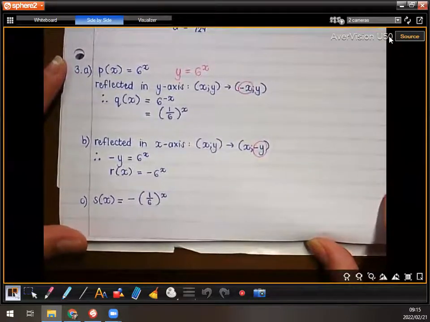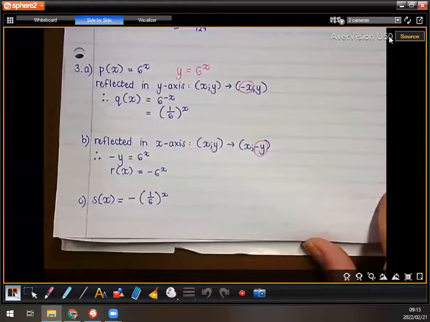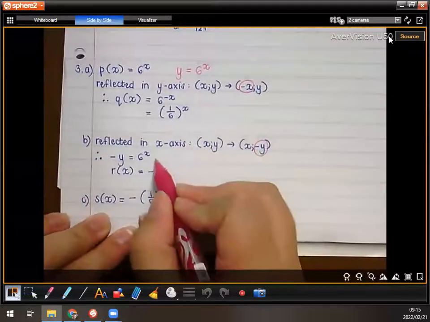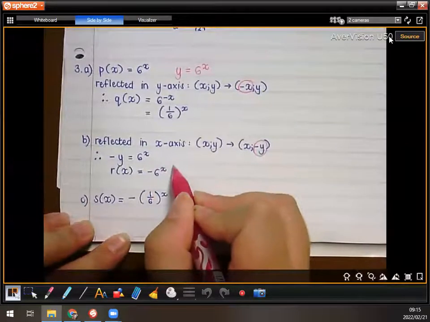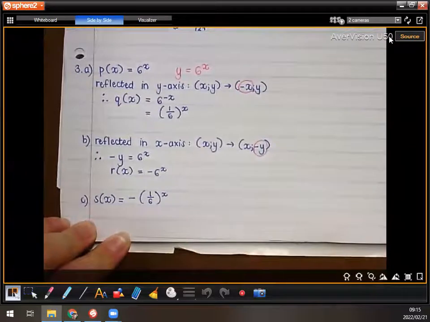Yes? So if there was another term, like a plus 2, you would have to change that to a minus 2 as well. So the whole equation is multiplied by a minus.